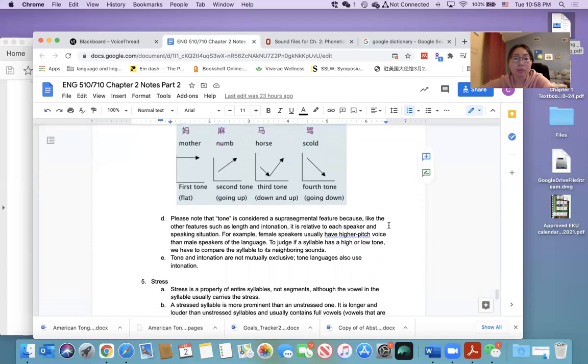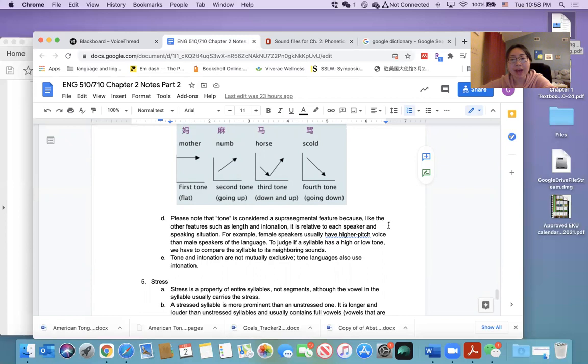Okay. Please note that tone is considered a suprasegmental feature because it's relative to each speaker and to each speaking situation. For example, female speakers usually have higher pitch voice than male speakers of the language. And so to judge if a syllable has a high or low tone, you have to compare the syllable to its neighboring sounds.